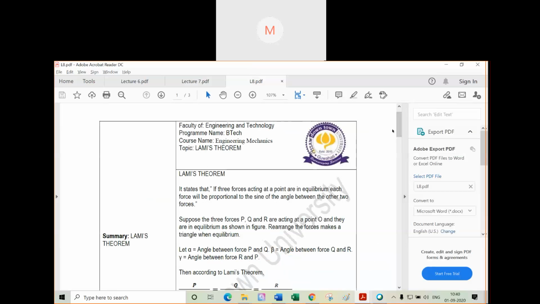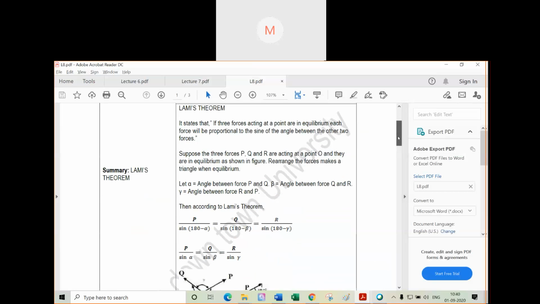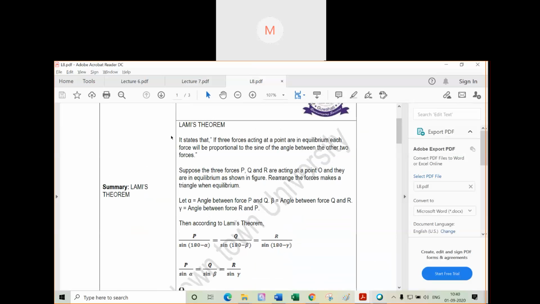So now we will be discussing Lami's theorem. Now look, Lami's theorem states that if three forces acting at a point are in equilibrium, each force will be proportional to the sine of the angle between the other two forces.